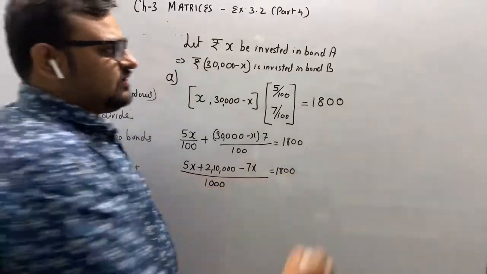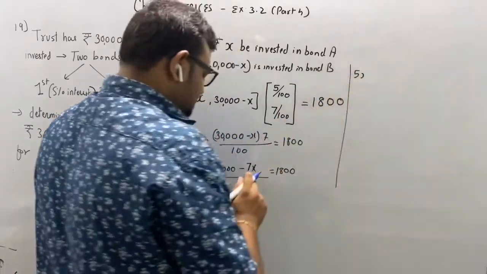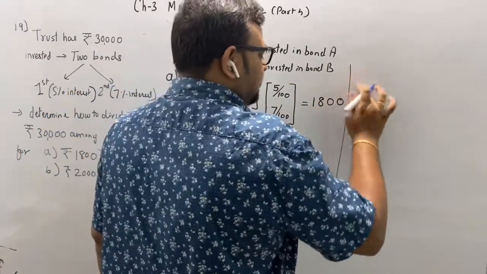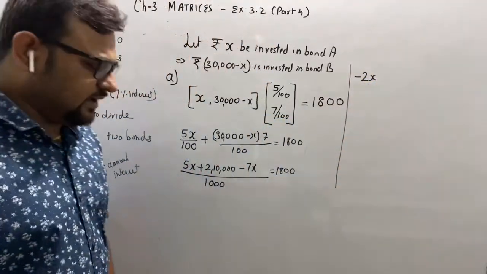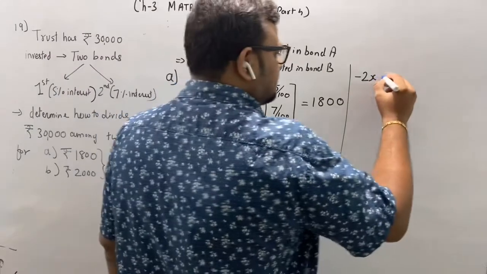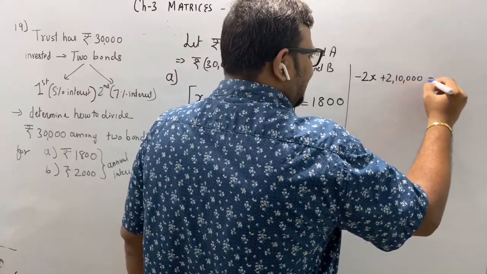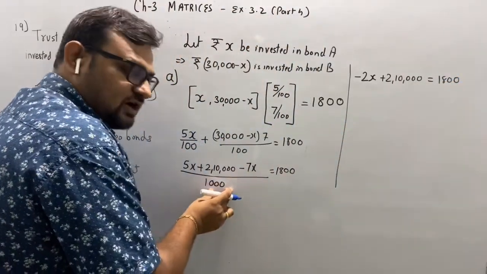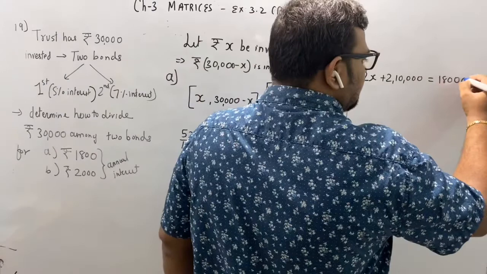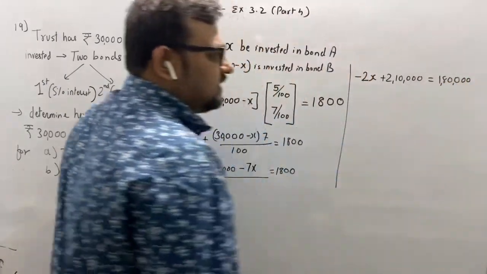Let's take it to that side. So 5x minus 7x will be minus 2x, plus 2,10,000 is equal to 1800 into 100.